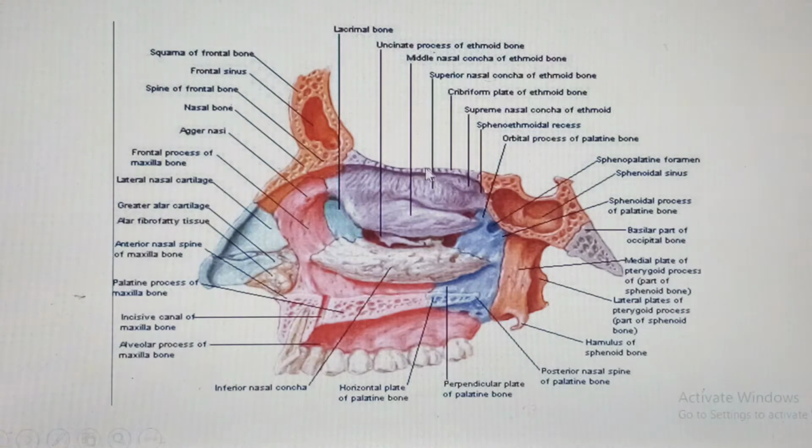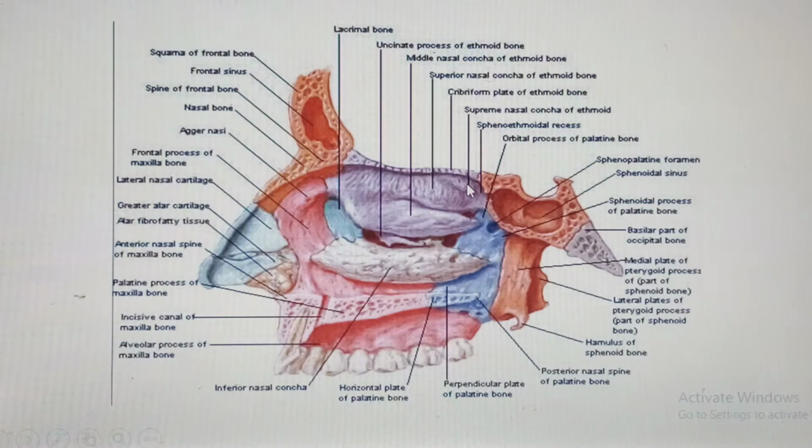And this ethmoid, one important thing, apart from providing the perpendicular plate of the ethmoid on the medial aspect, is also giving us these shelf-like structures over here. These are what we call the superior and the middle nasal concha, these bony structures over here.